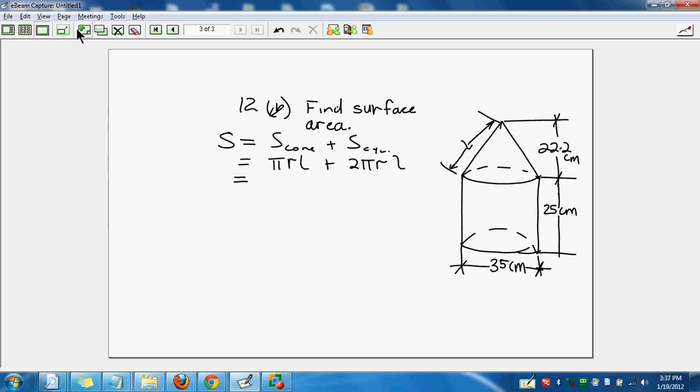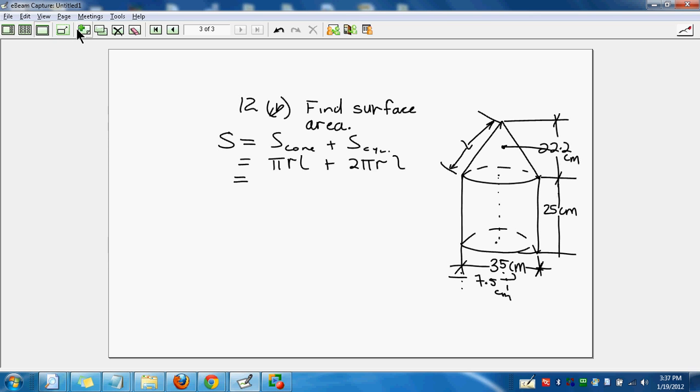The two sides we will have will be this vertical side, which will be 22.2 centimeters. And the other side here will be equivalent to a radius. So if this is 35, the radius, as we had discovered previously, would be half of 35, which worked out to be 17.5.